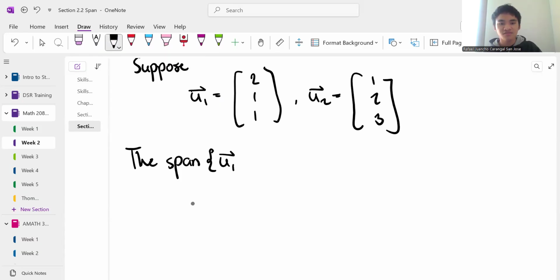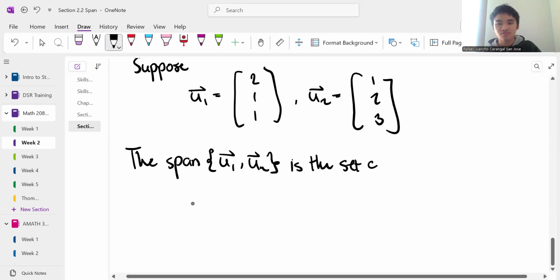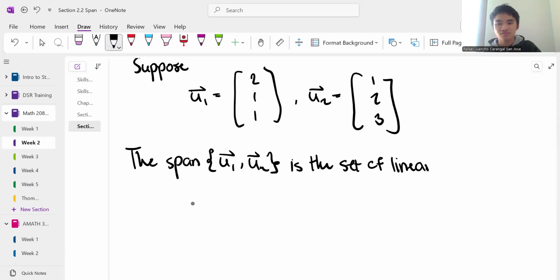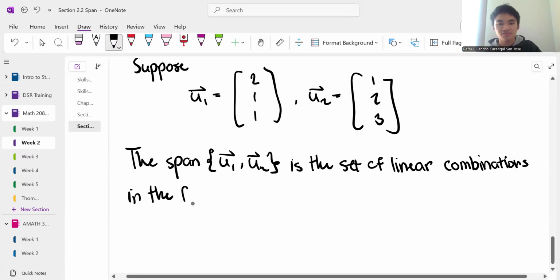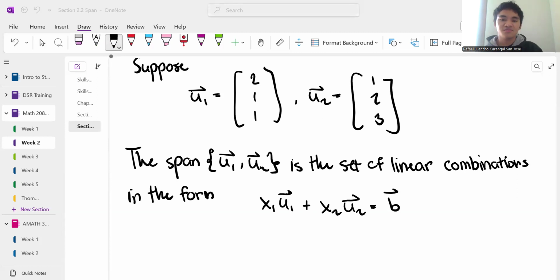The span of the set of these two things is the set of all linear combinations in the form x sub 1, which could be any scalar, x sub 2, multiplied to those u vectors, equals some vector.